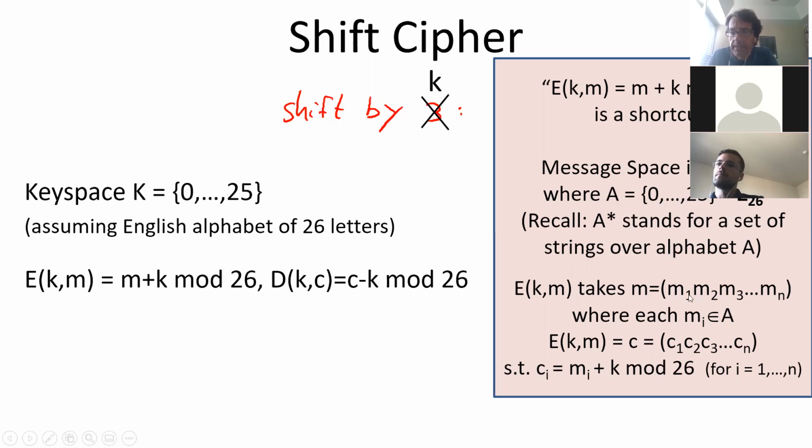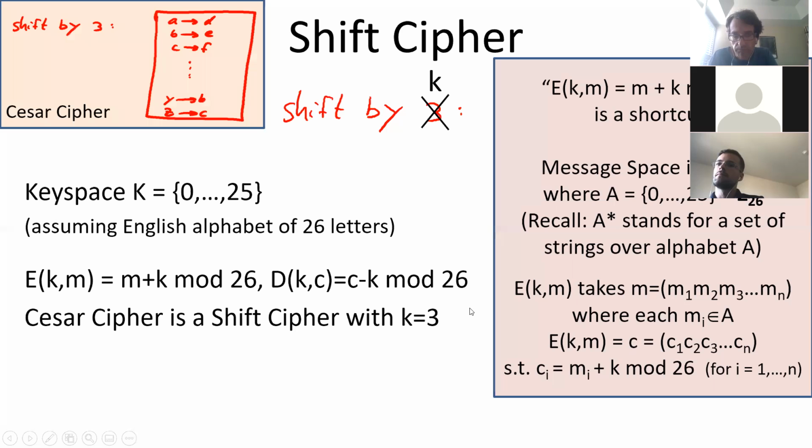So the M_i are elements of Z26, so from 0 to 25. And when we say M plus K, we really mean that C_i, the ith element of the ciphertext, is computed as M_i plus K mod 26 for every index i. So the same addition works on every element in the plaintext separately.